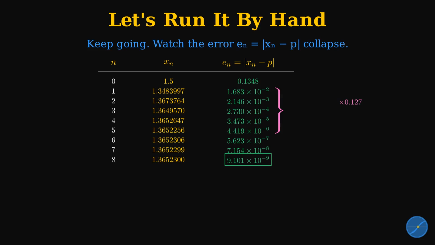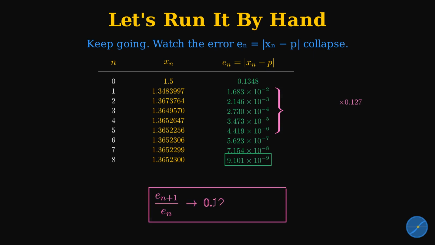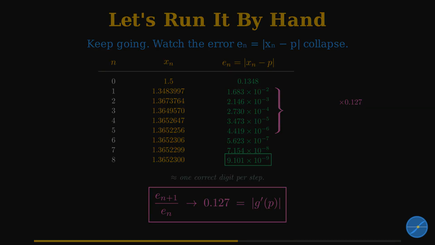Each one is about 0.127 times the one before it. And 0.127 is exactly the size of g prime of p, the slope we computed earlier. The rate isn't a coincidence, it is the slope. That's about one correct digit every step, exactly what the slope predicted.